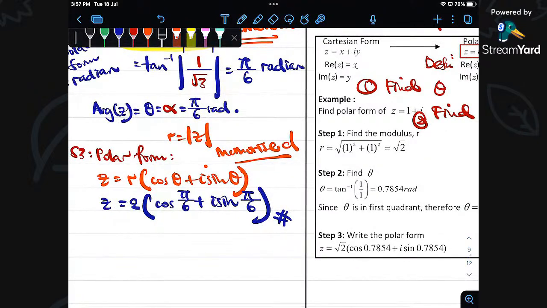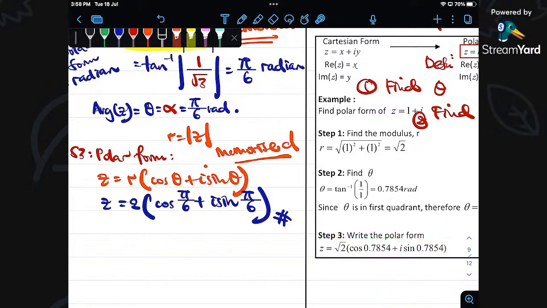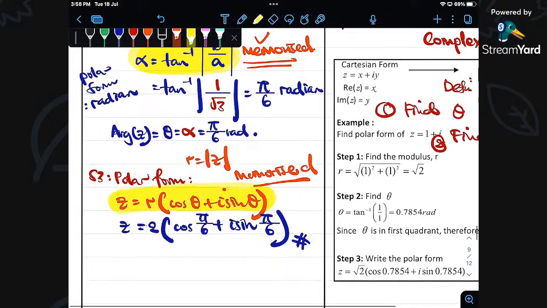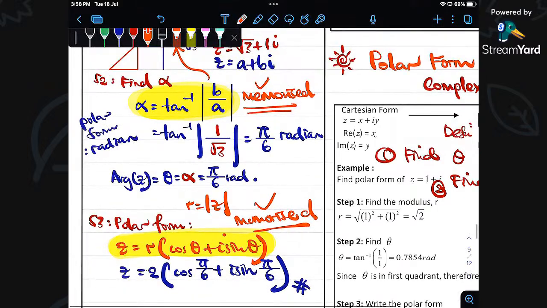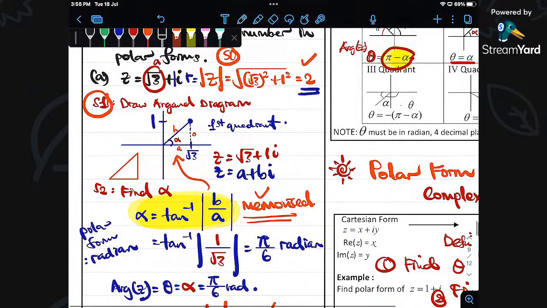You see here? Polar form mesti ditulis dalam bentuk R times cos theta plus I sin theta. Benda ni kena hafal sedikit lah. Tanpa menghafal the concept and the formula, you cannot do this. So you need to memorize the step. Only 3 steps. Step 1, mencari Argon diagram.